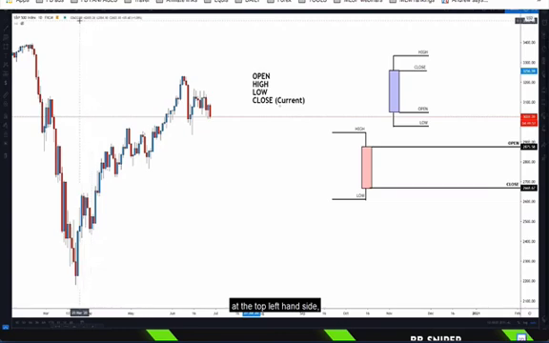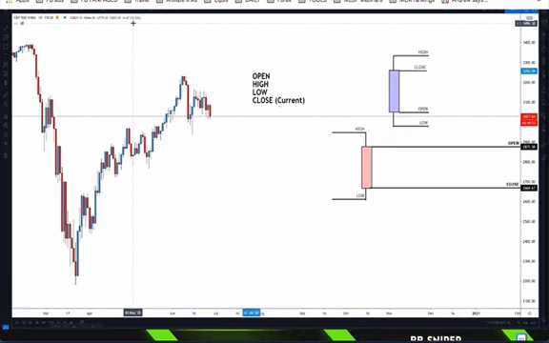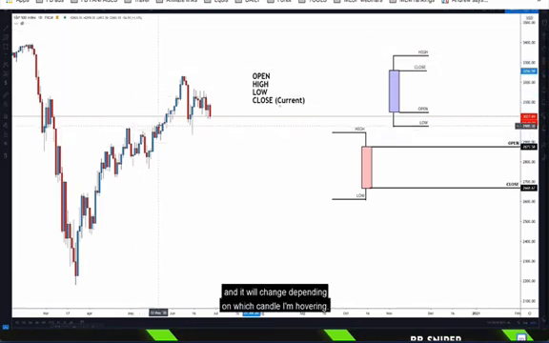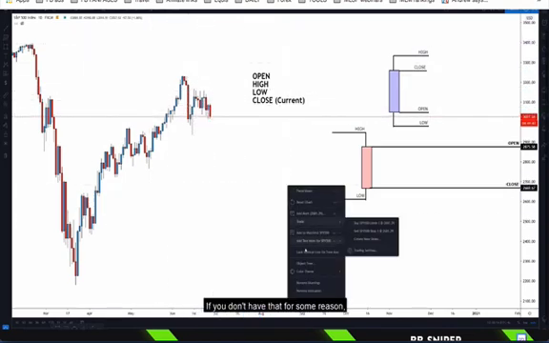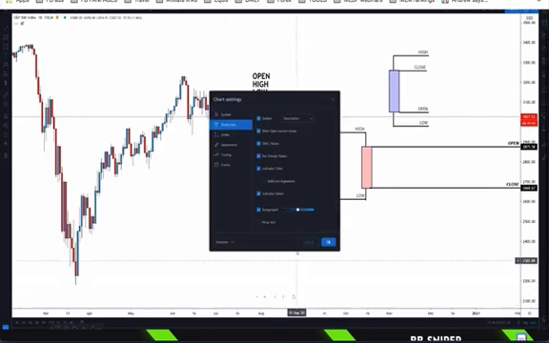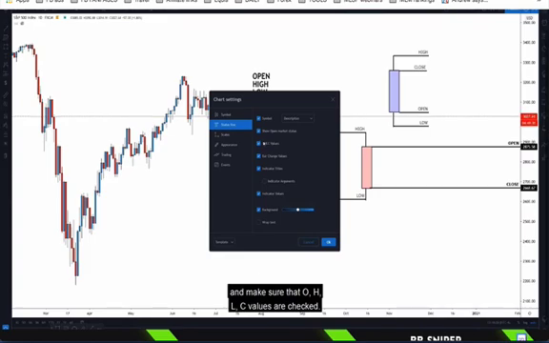Up here at the top left-hand side, you can see that there's an O, an H, an L, and a C, and it will change depending on which candle I'm hovering. If you don't have that for some reason, you're going to go into your settings, go under status line and make sure that OHLC values are checked. And it's going to put that up there for you on the screen.